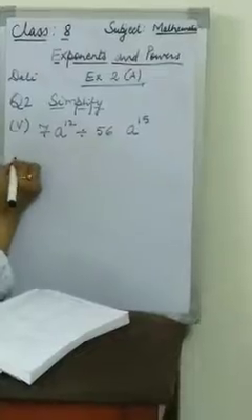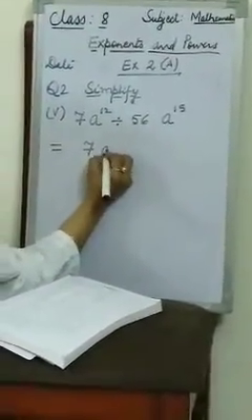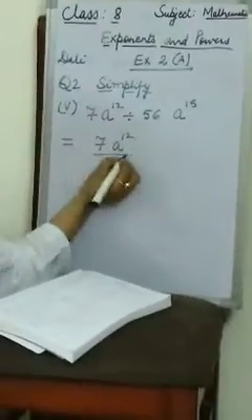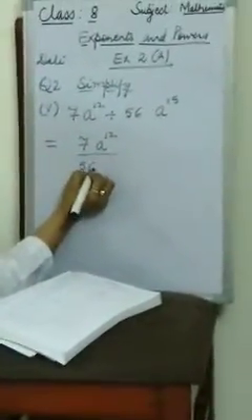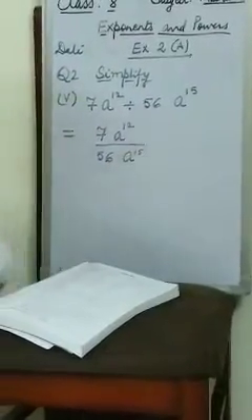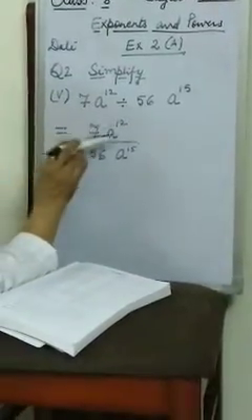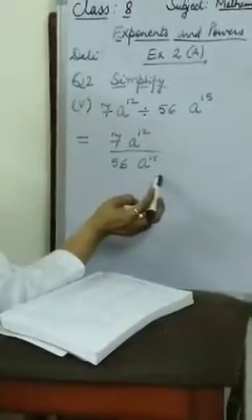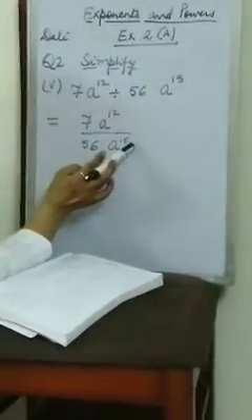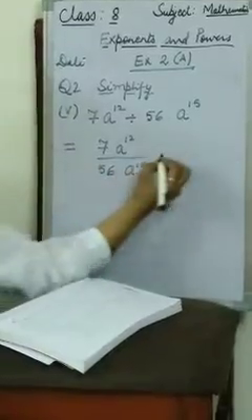Firstly, we write the expression for it. So how we are going to write, 7 a to the power 12 upon 56 a to the power 15, we are writing in the fraction form. As 7 and 56 can be cancelled, so we'll cancel it. And a has power 12 in the numerator and a has power 15 in the denominator. As the power of the denominator is greater than the numerator, we transpose the a to the denominator with the power difference.